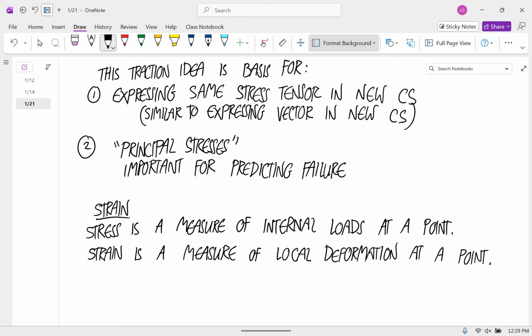Okay. And the law that you use there is Hooke's law. So we're basically working our way towards a Hooke's law, but for this more complicated set of loads and deformations. Okay. So that's what we're heading towards.